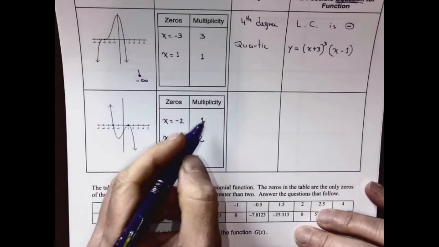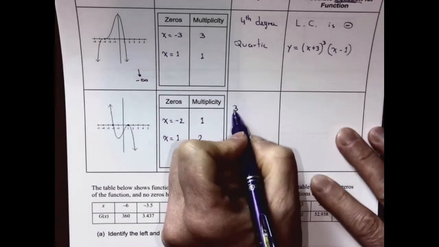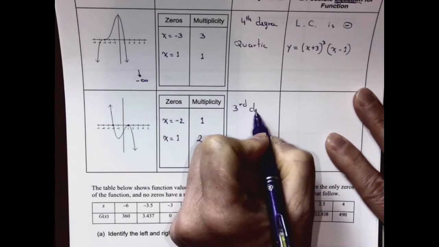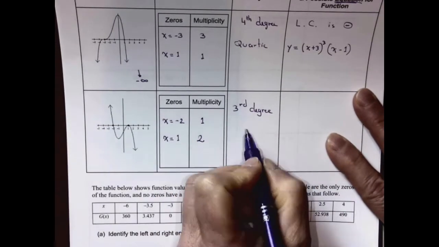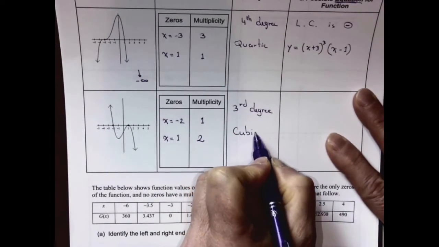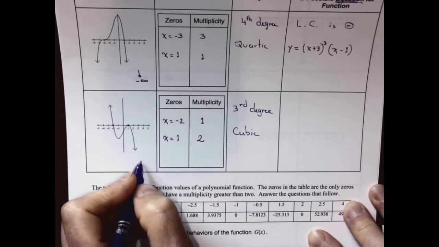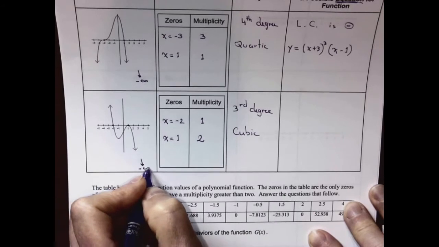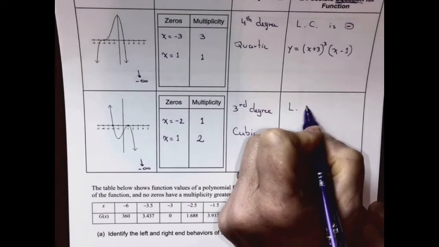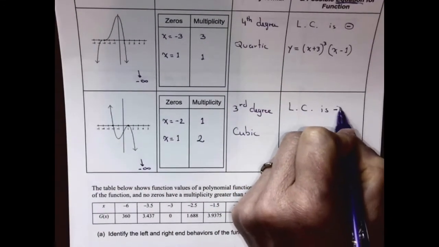And now for the degree, just add your multiplicities, so it's a third degree. And a third degree specifically is called a cubic. For the sign of my leading coefficient, the right-hand side goes down to -infinity, therefore the leading coefficient is negative.